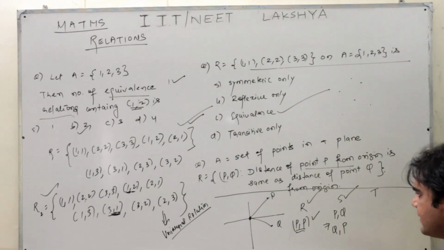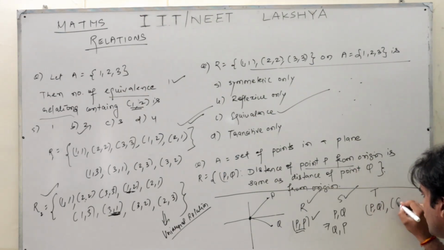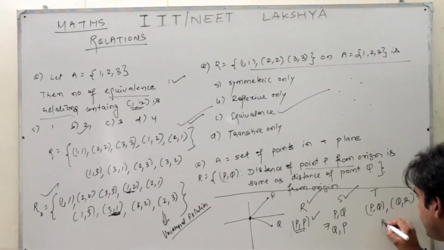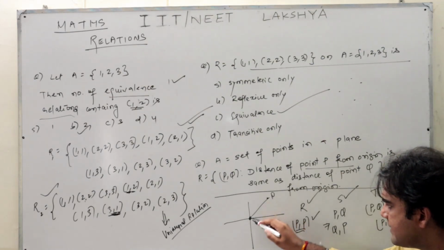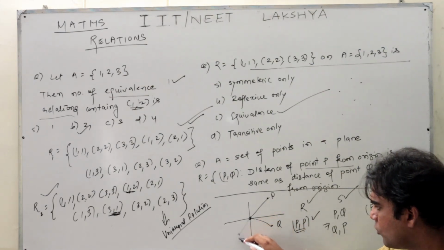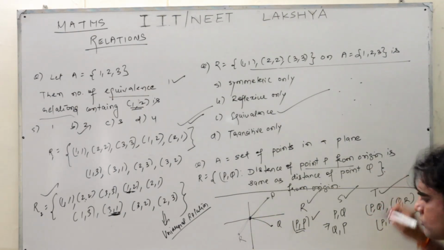Let us see transitive. So if (P,Q) is there and (Q,R) is there, then (P,R) should also be there. If OP is equal to OQ and OQ is equal to OR, then OP is also equal to OR. So that is also true. So that is the transitive.